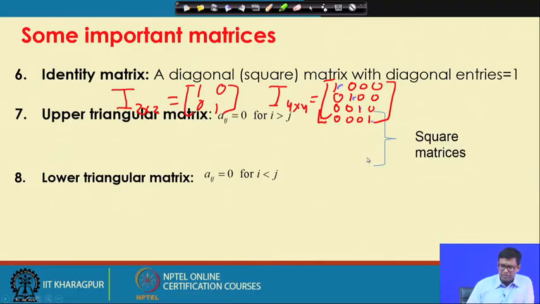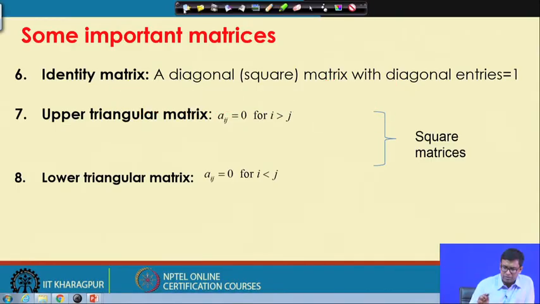There are some other definitions. Upper triangular matrix: it is a matrix for which any term which has a row index more than the column index is 0, and it looks like a triangle. It is also for a square matrix.